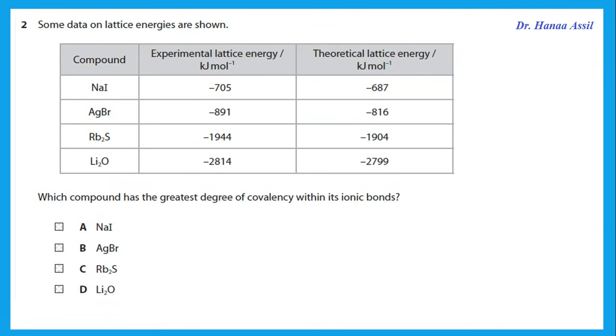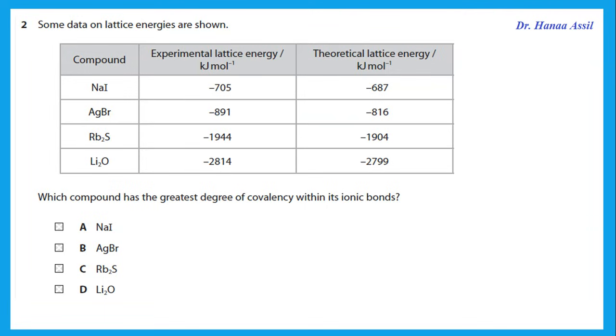Now, if the bond is purely ionic, then the experimental value should be almost the same as the theoretical value. But if there is a big difference between the experimental and the theoretical, we say there is some degree of covalency. It's not purely ionic.